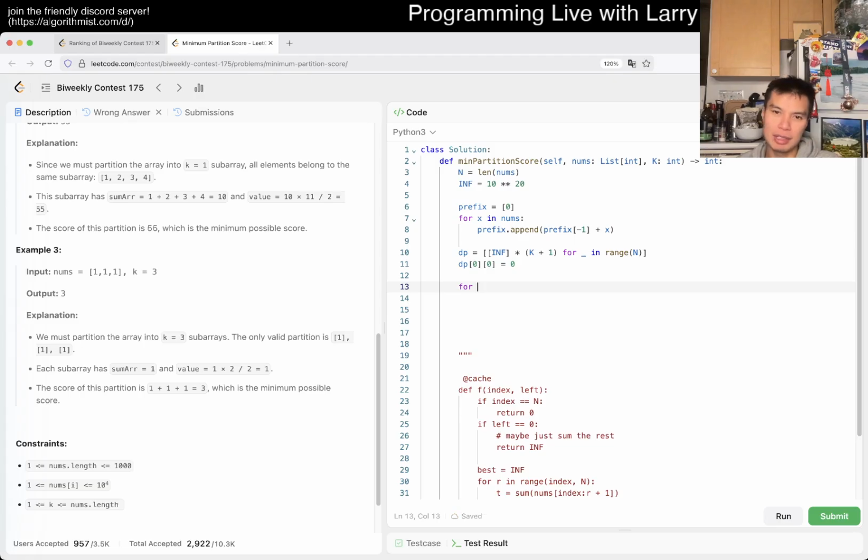Why do I write it this way? Maybe I would just write it this way. And then see if we could.